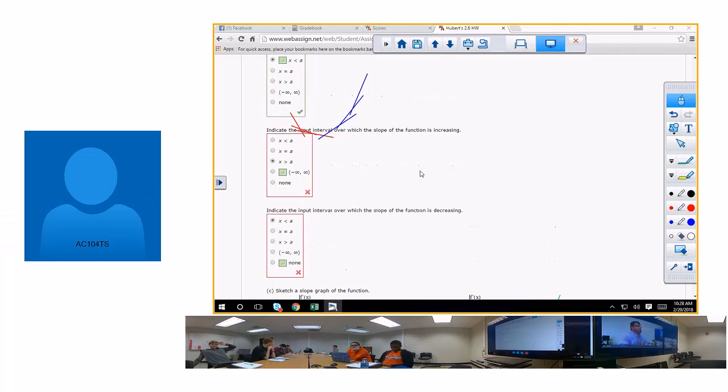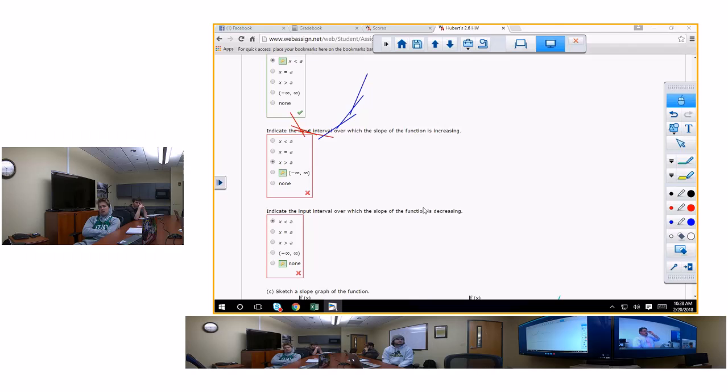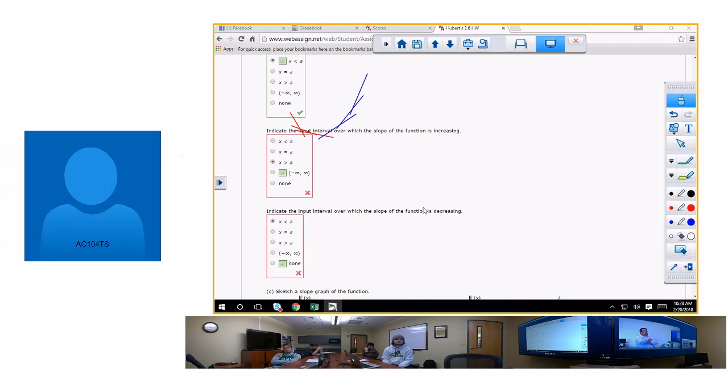All right, and it says indicate where it's decreasing. I'm sorry, I would disagree with those two questions. The only thing I can think of is why they would go from negative to positive, because if you look at the overall graph, going from left to right, I guess it's increasing more than it's decreasing.